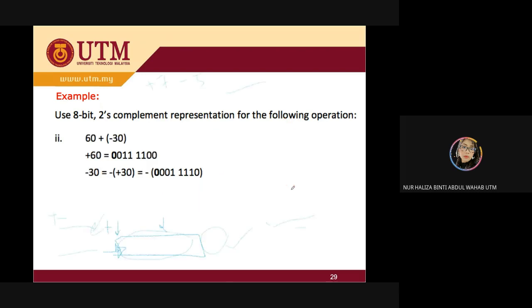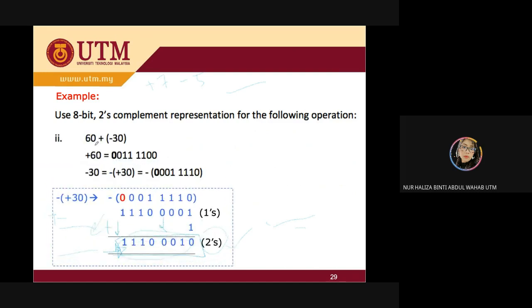Again, you can see over here, when you use 8-bit second complement to represent the following, you want to add 60 with negative 30. Negative 30, when you use second complement, you will get 1011. Okay, this is the answer. Try to calculate it. And then you will get this value. This value you will add with this.